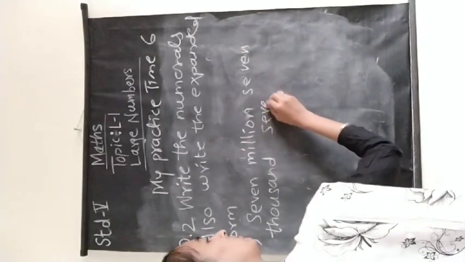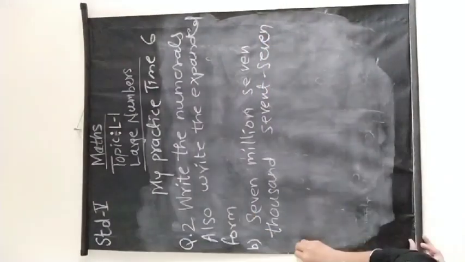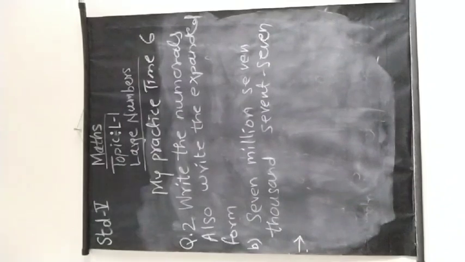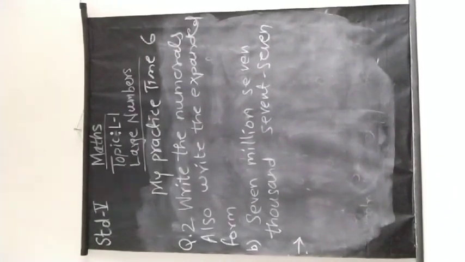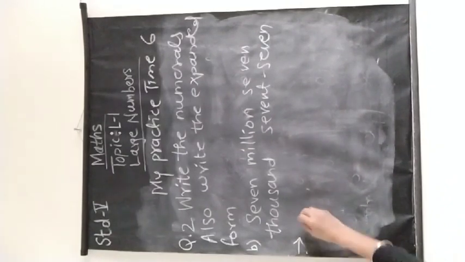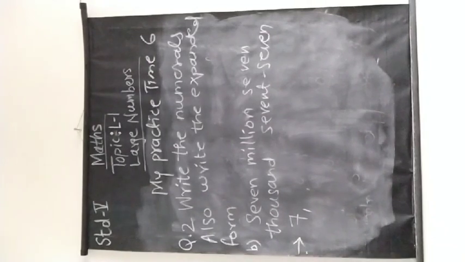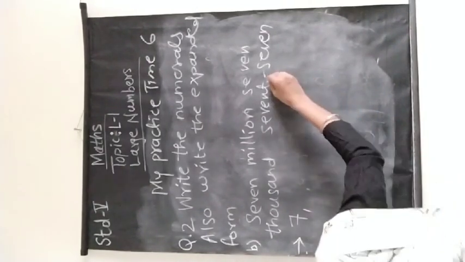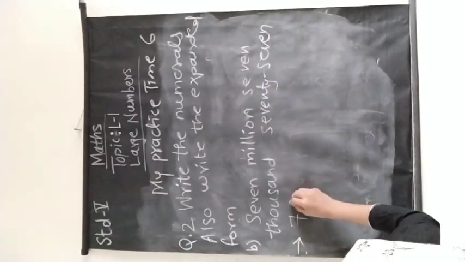Okay, all are 777. Yes. So the answer for that will be 7 million. How to write in the international system? Already I have taught you. Okay, this is 7 million. In the international system we have to make a period.